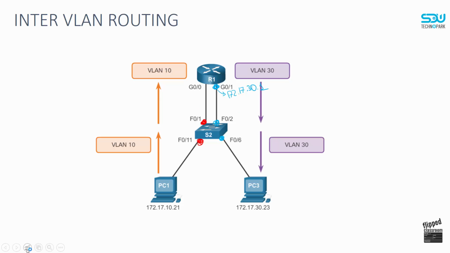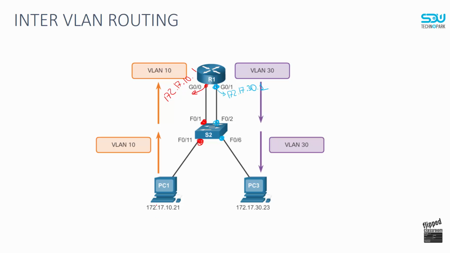On the other side, we configure our port with an IP address of VLAN 10. It's going to be 172.1.7.10 and 1.